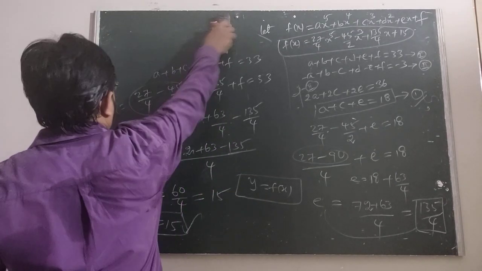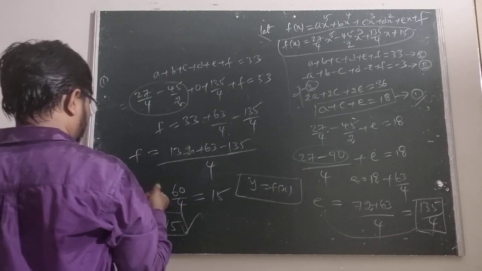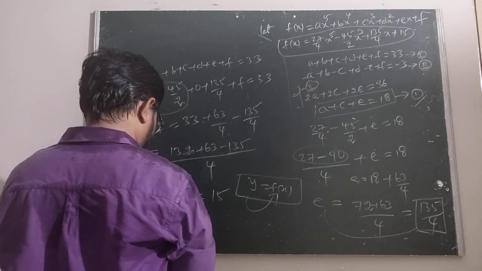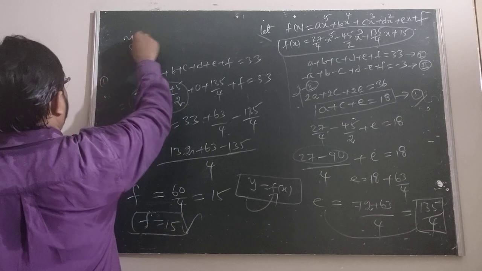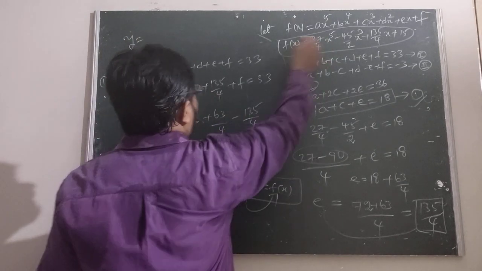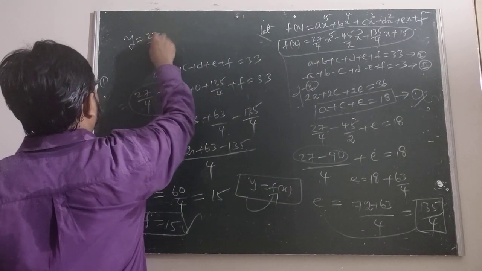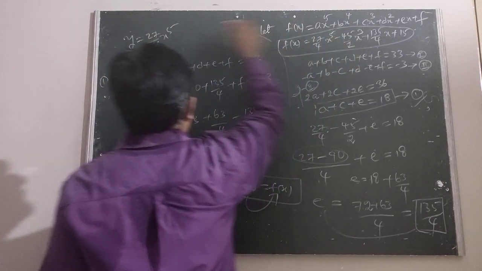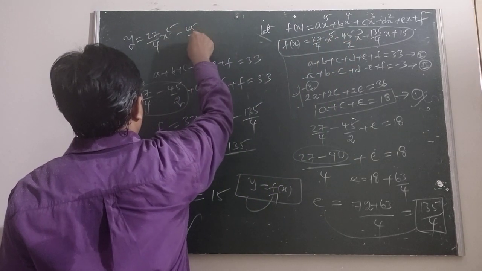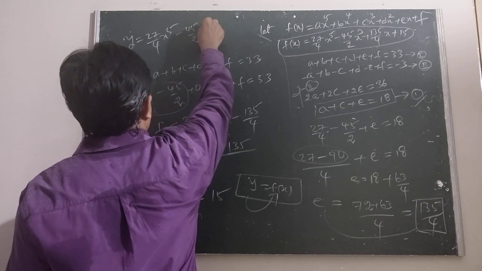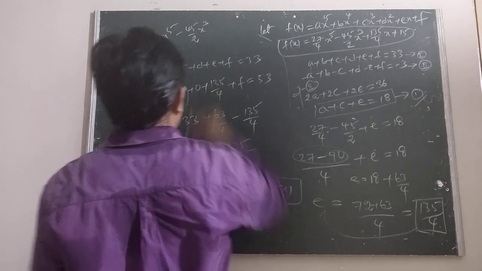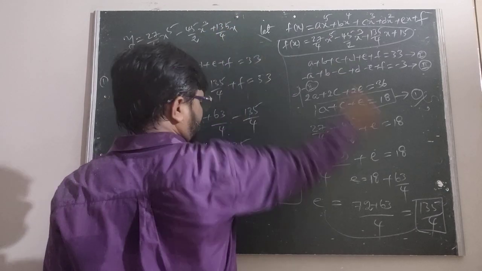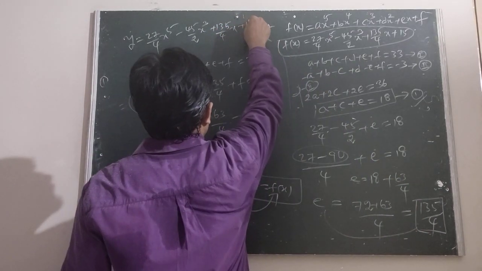F of x is 27 by 4 x power 5 minus 45 by 2 x cube plus 135 by 4 into x plus 15.